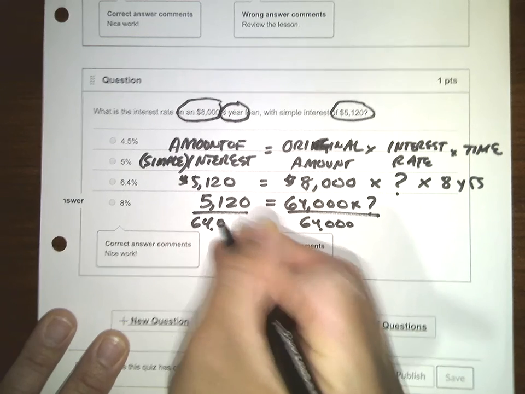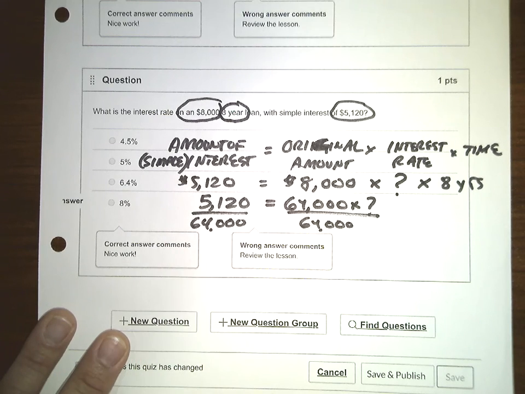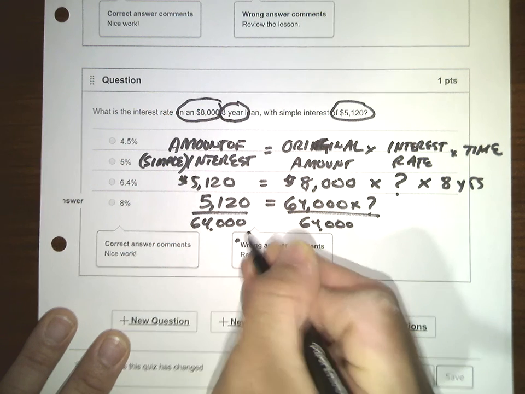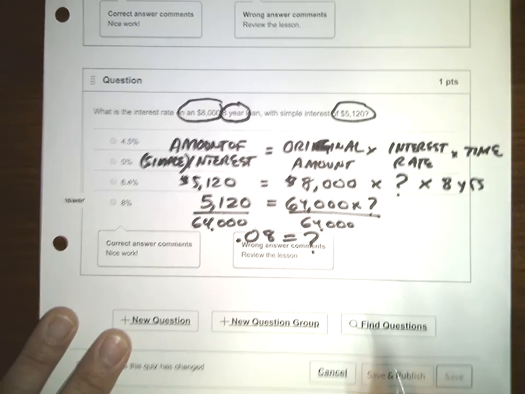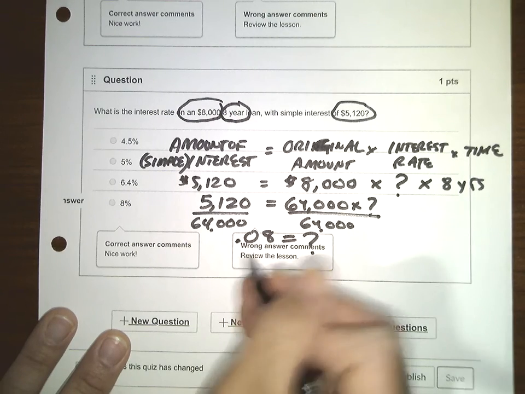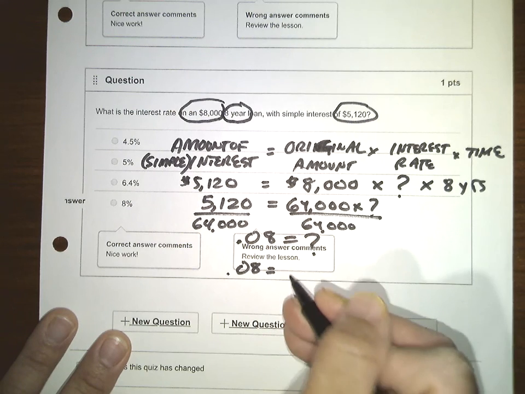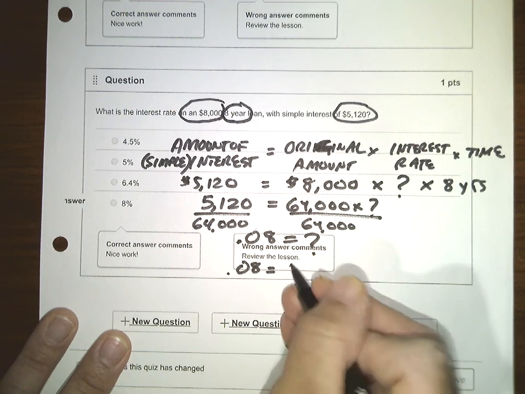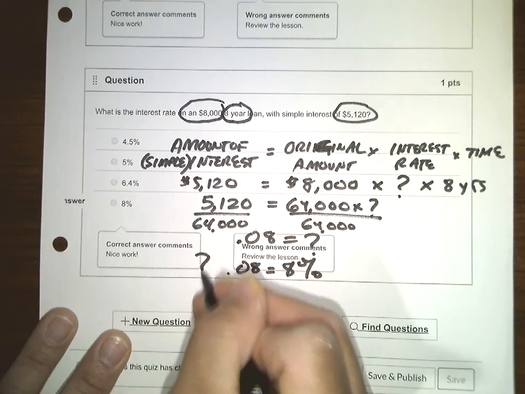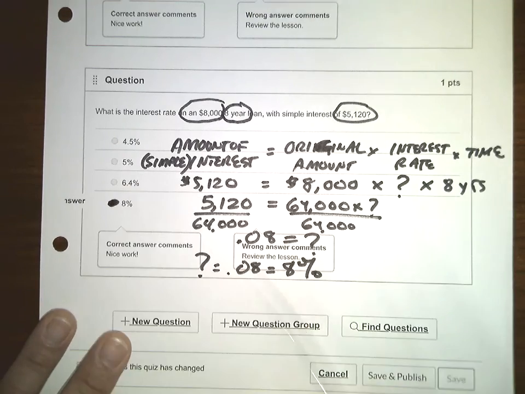And so then 5,120 divided by 64,000 is going to be 0.08, and that's the missing interest rate. But then if I convert that back to a percent, that's equal to 8%. So that missing interest rate is 8%.